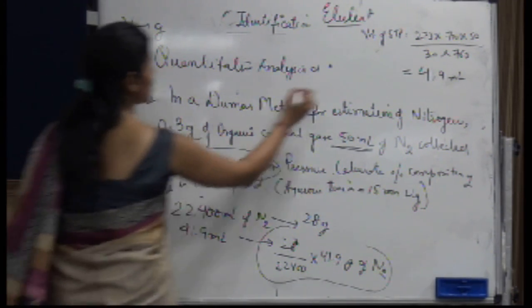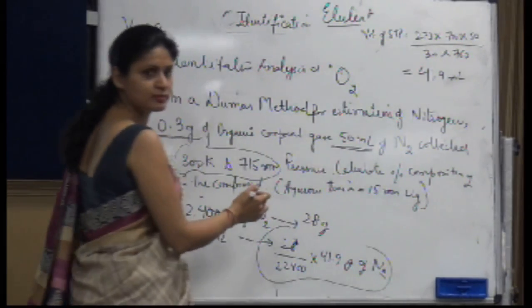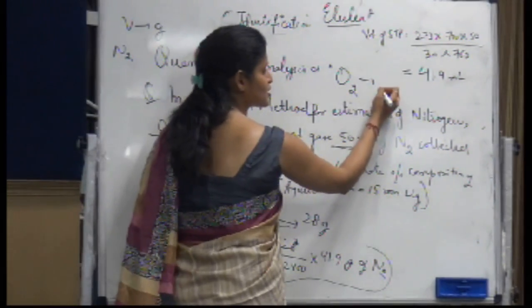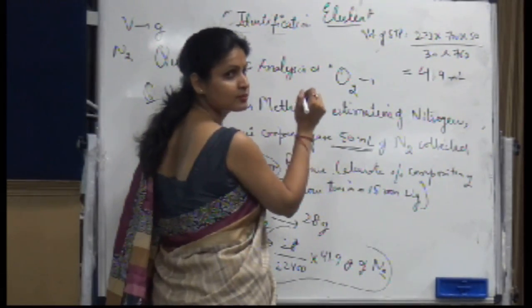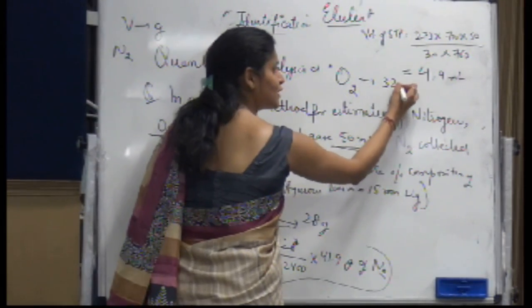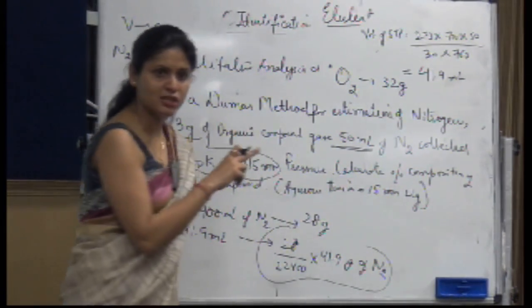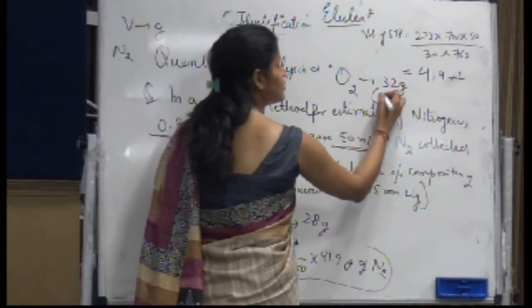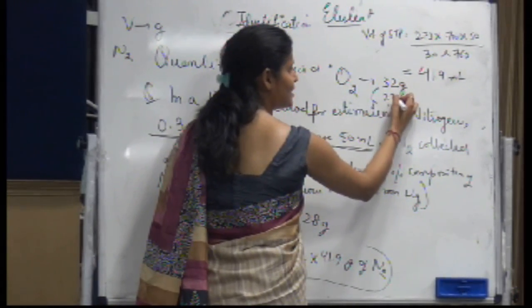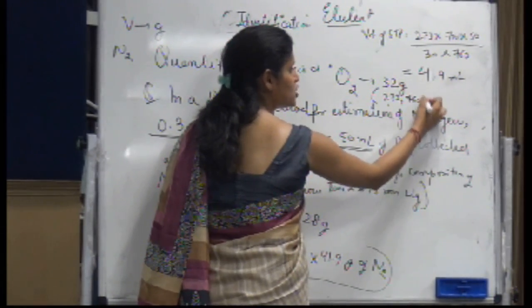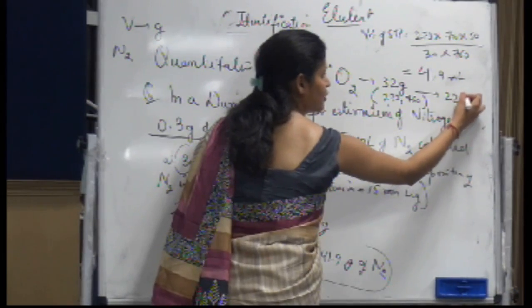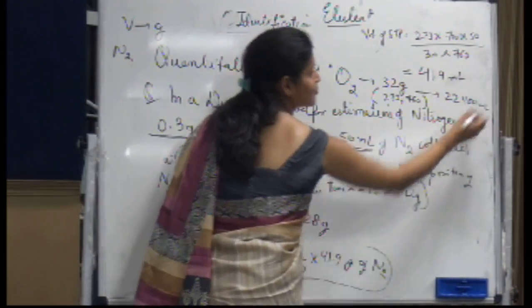Suppose if I am talking about oxygen, oxygen has the molecular mass of 32. So 32 grams of oxygen at 273 Kelvin and 760 mmHg will have the volume of 22,400 ml.